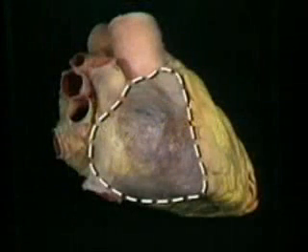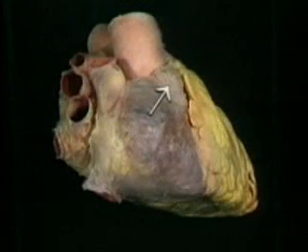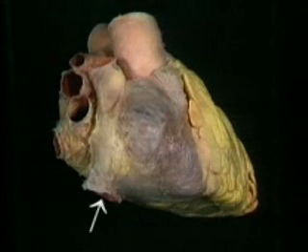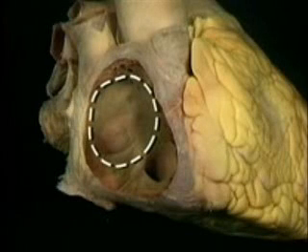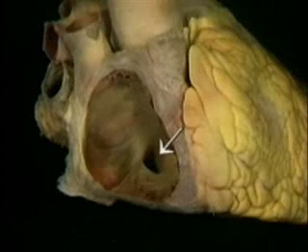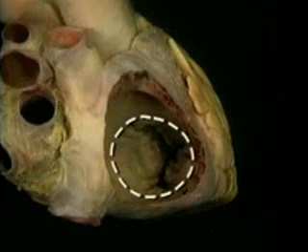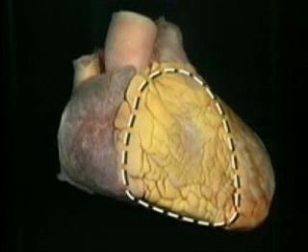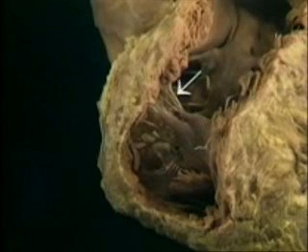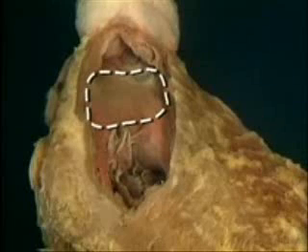Here's the right atrium, the atrial appendage, the superior vena cava, and the inferior vena cava. Here's the interatrial septum, the fossa ovale, the opening for the coronary sinus, and the tricuspid valve. Here's the right ventricle. Here are the papillary muscles, and the chordae tendineae, and the infundibulum.